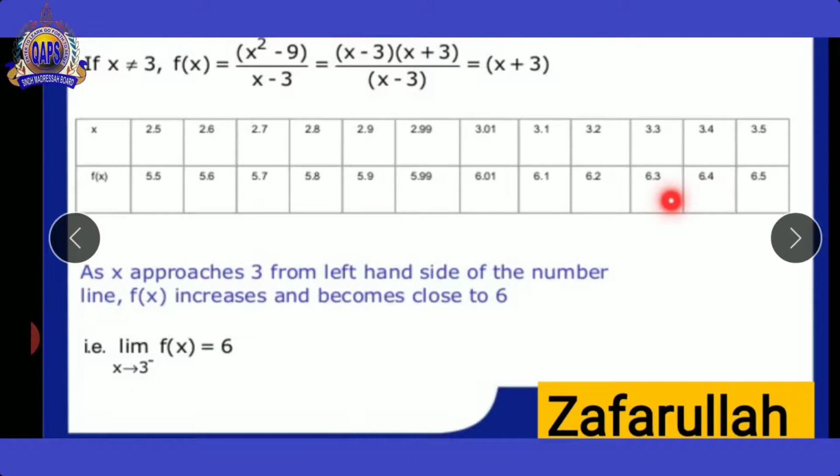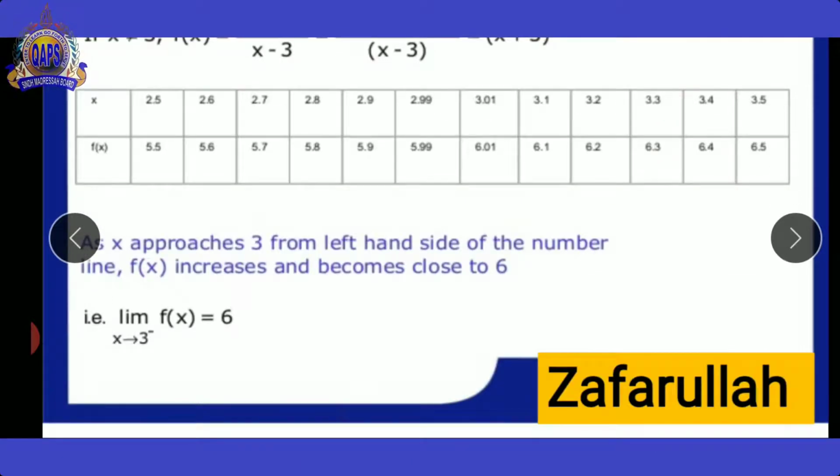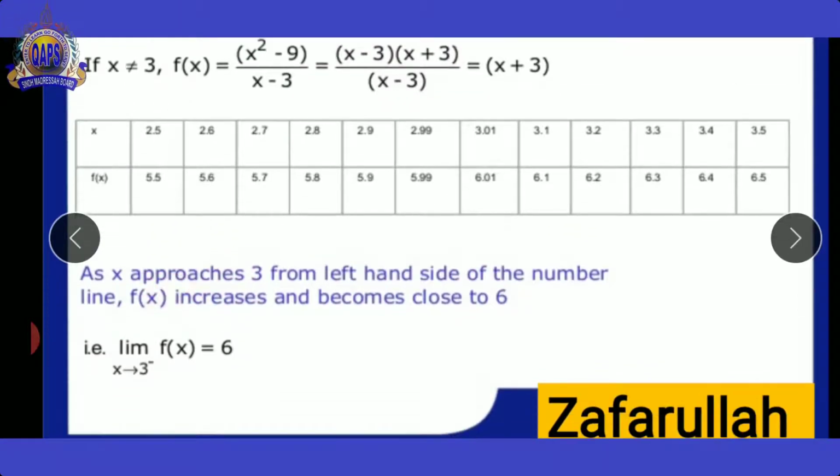Now, as x approaches 3 from the left hand side of the number line, f of x increases and becomes close to 6. We have already discussed the left hand limit, which is the lower part, on the left hand side.